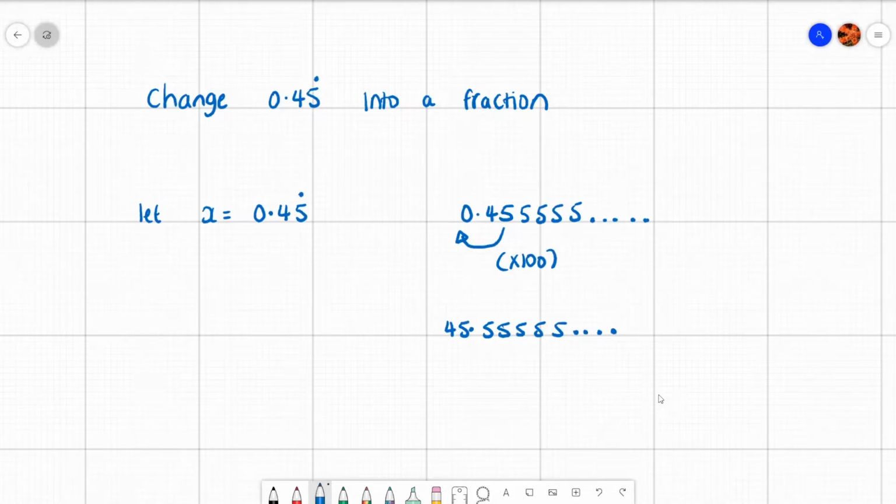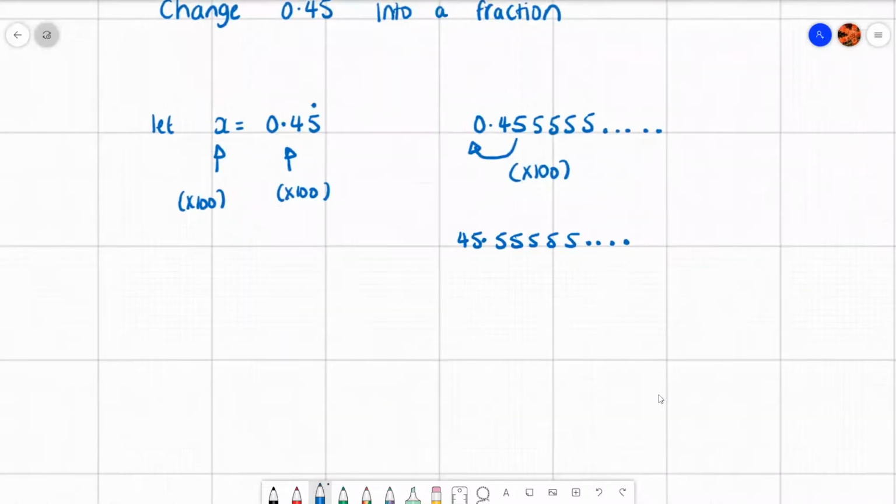Now remember, because we times this by 100, we've got to times this by 100. And we end up with 100x equals 45.5 recurring.